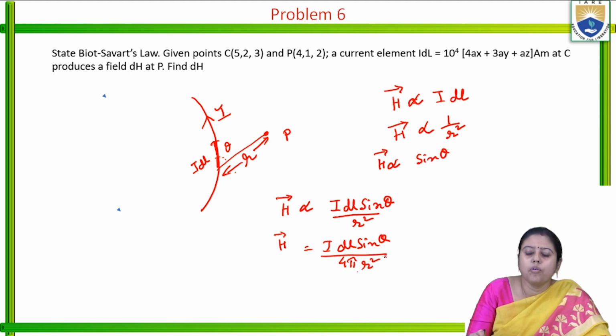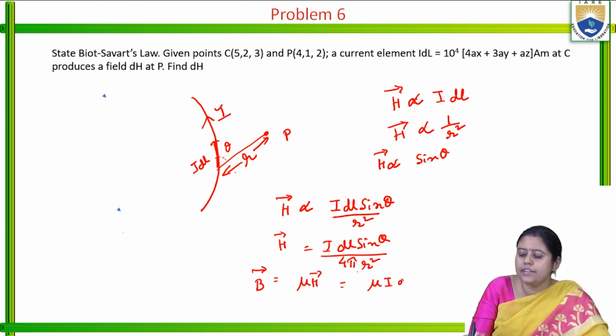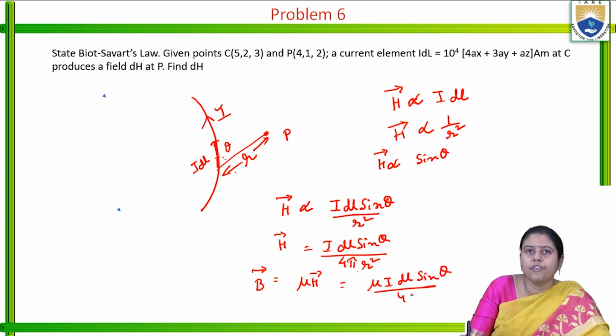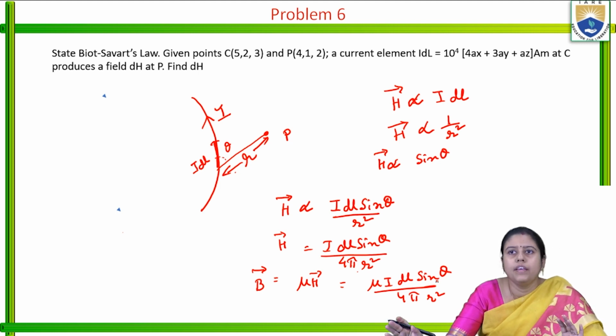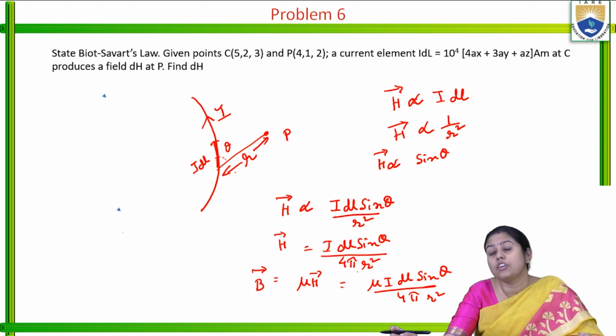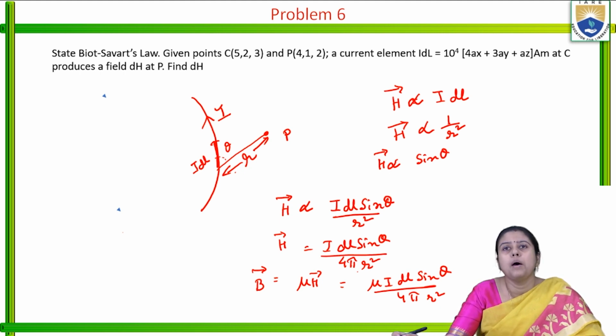Now for the magnetic flux density B, B is equal to mu H, which is mu I dl sine theta by 4 pi r square. We got the value of B. This is the scalar form of the Biot-Savart's law.